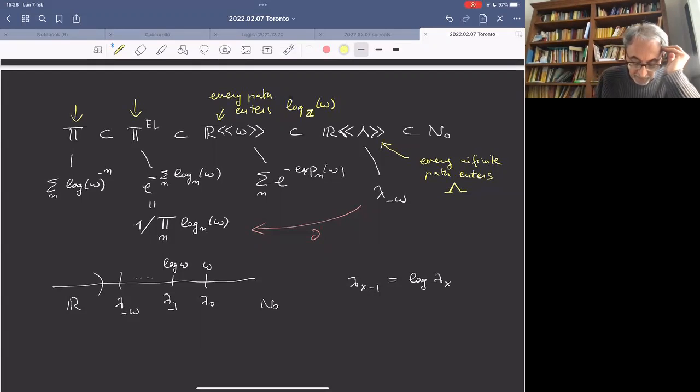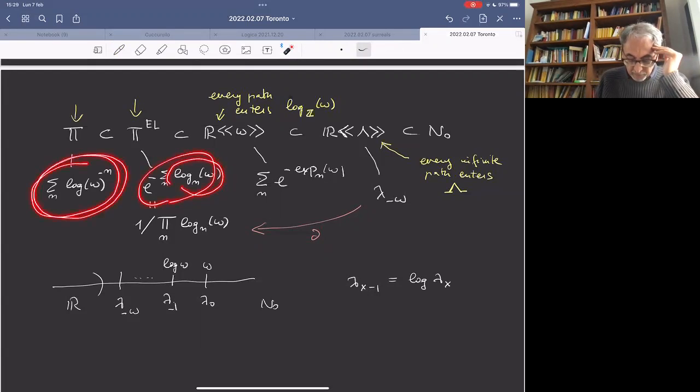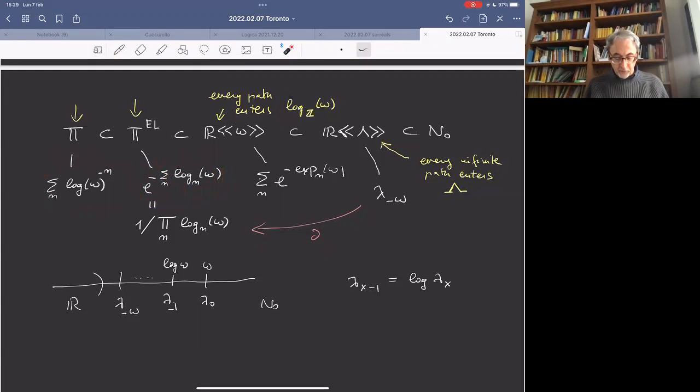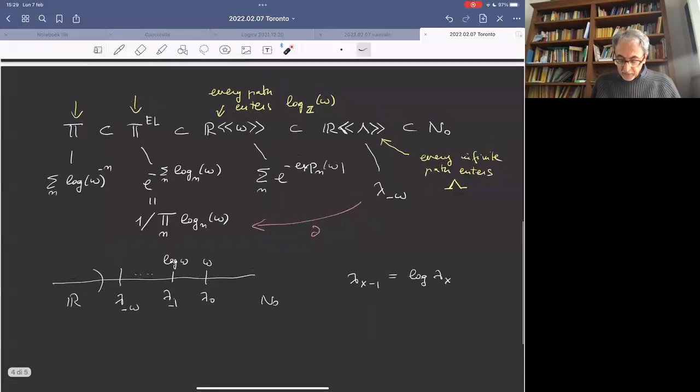Here we have a restriction on the nesting of iterations of exp, and here you have a uniform nesting of iterations of both log and exp, but I don't want to comment on it anymore. But they live here. So this is the situation.